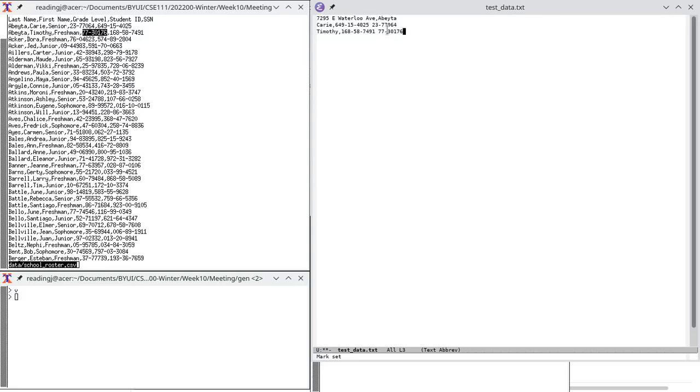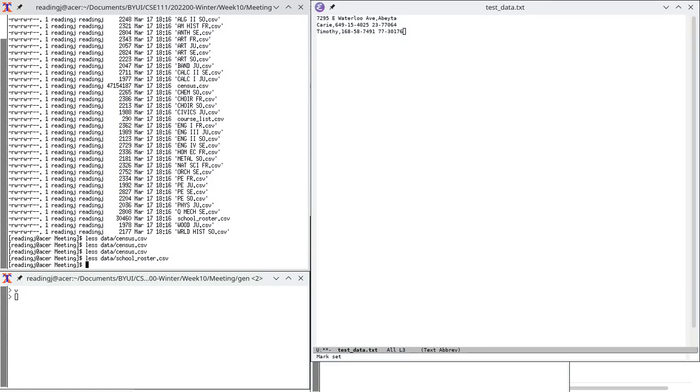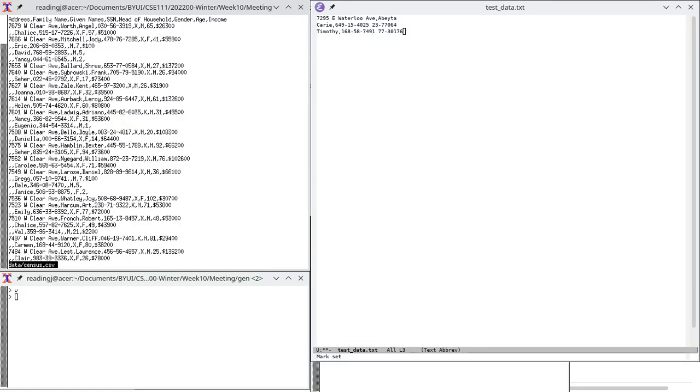So we're starting to build up information about these people. We forgot that we're going to need, so, oh, I lost my place and I have to get back to them.